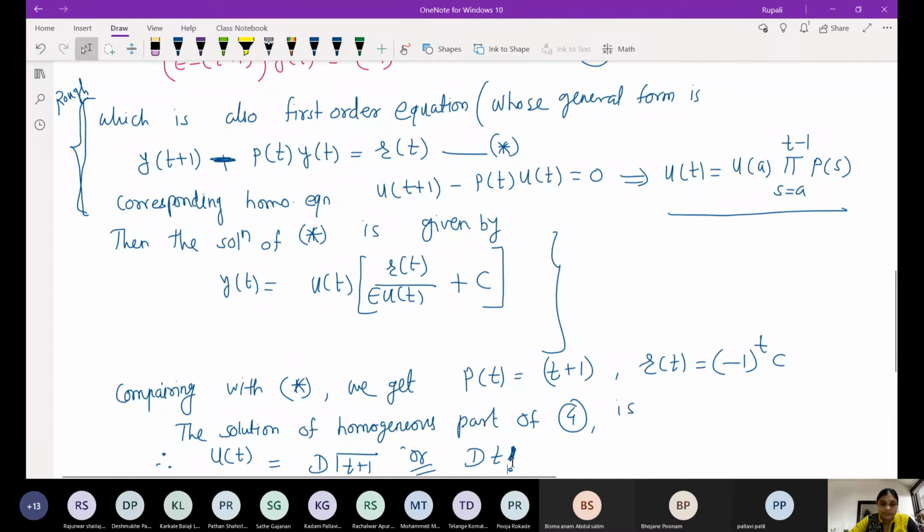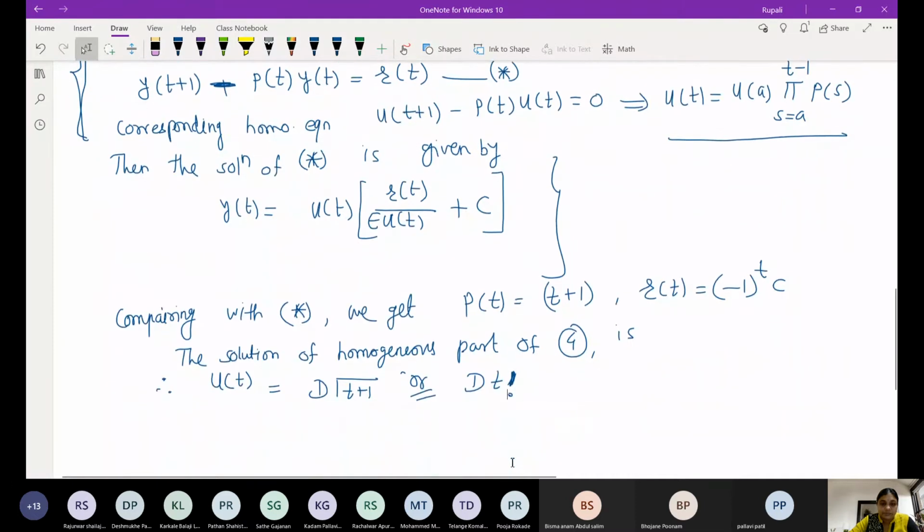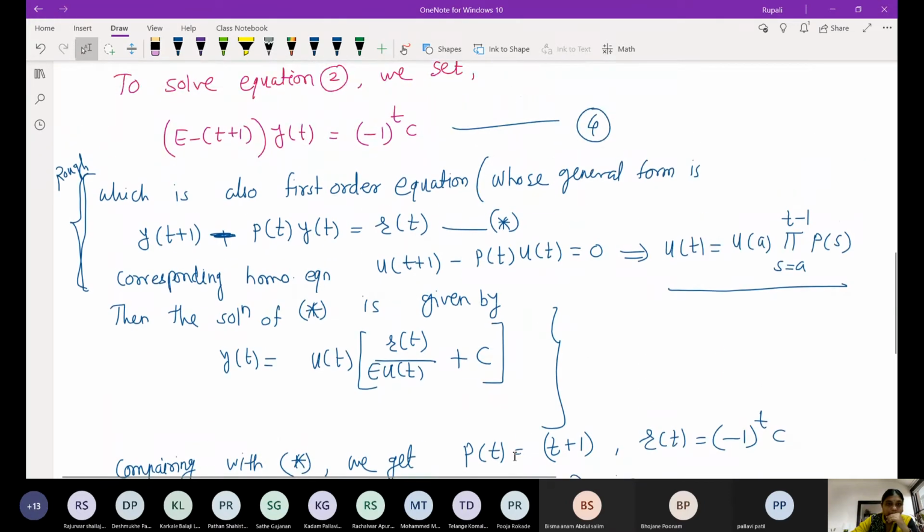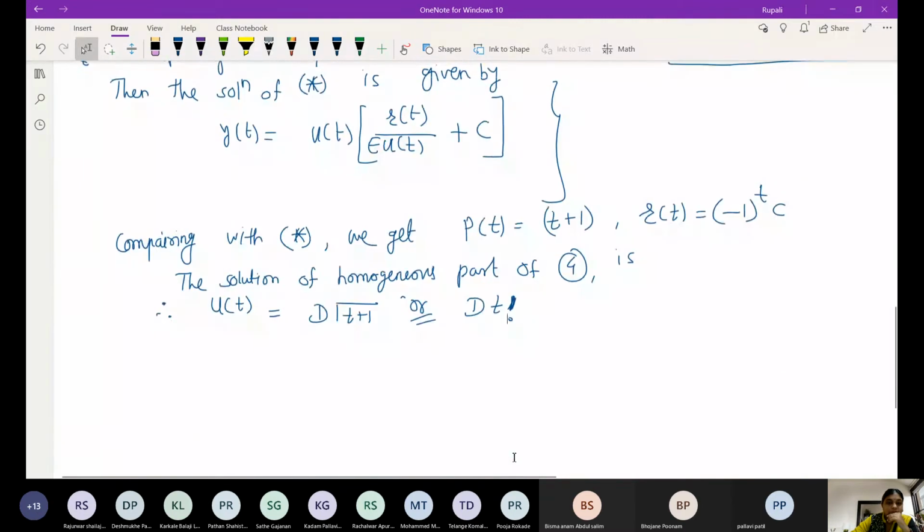Is that okay? So I am using this, d times gamma t plus 1.